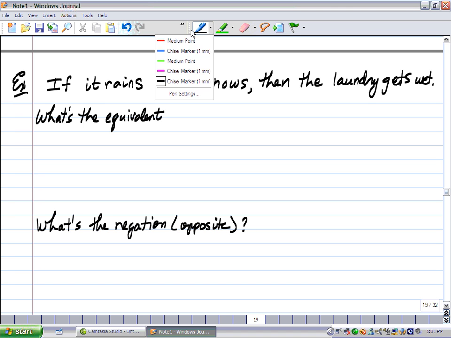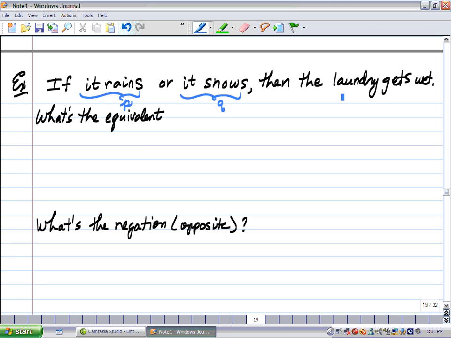Okay. Well, let's pick a letter for this. It rains, let's make that P. It snows, we'll make that Q. The laundry gets wet, make that R. So our original is if it rains or snows, then the laundry gets wet. P or Q implies R. Remember, because of the order of precedence, P or Q are first.